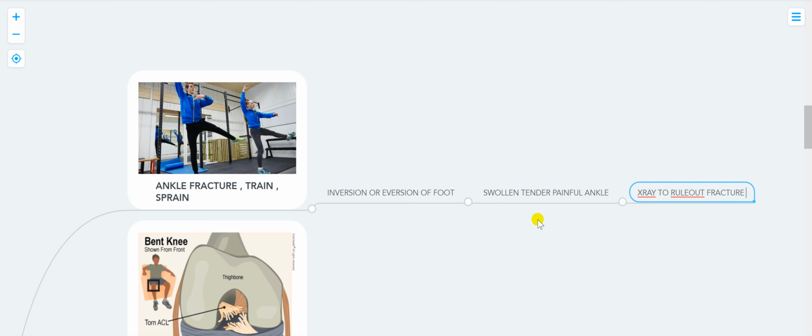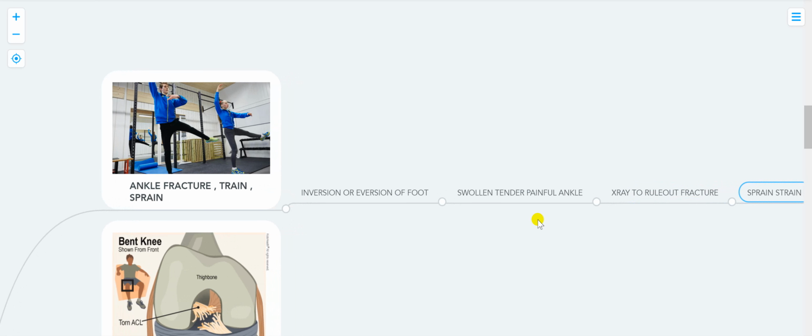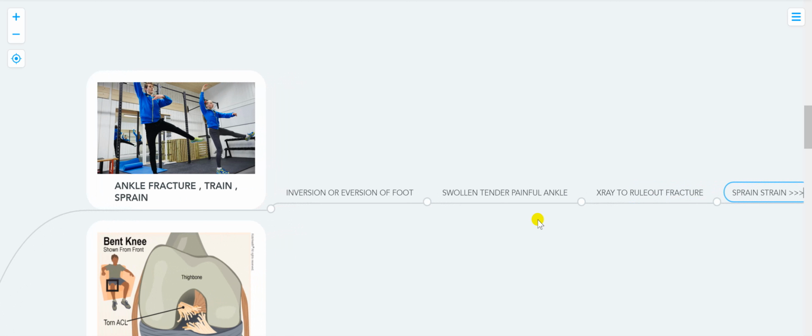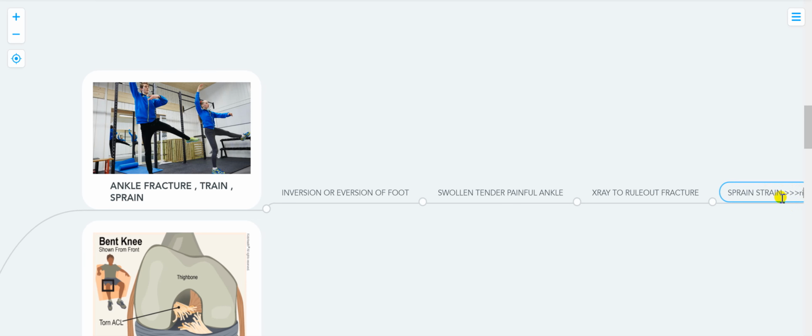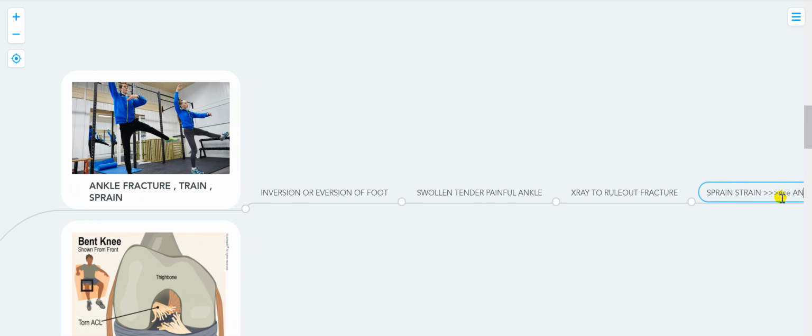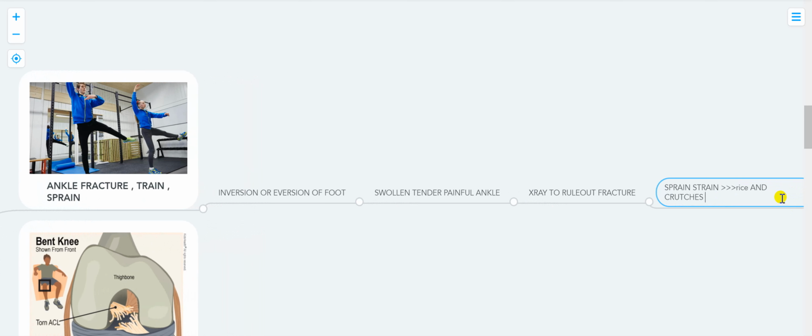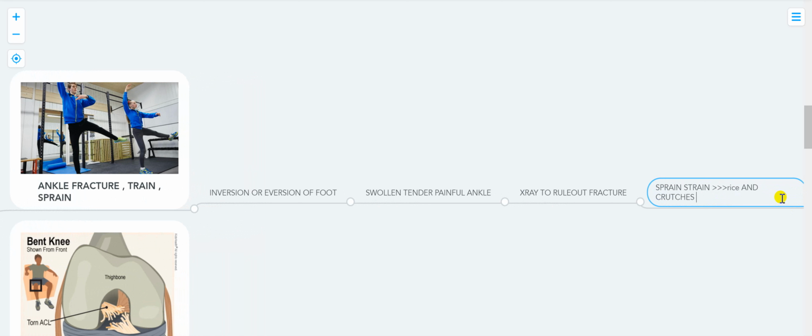Okay, so if it's a sprain or a strain, what do you do? Usually RICE. You give them RICE and crutches. RICE means rest, ice, compression and elevation. That's what you do.